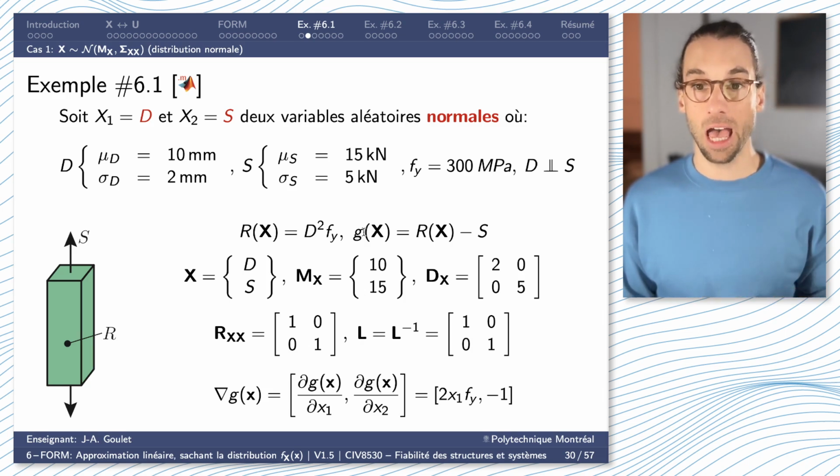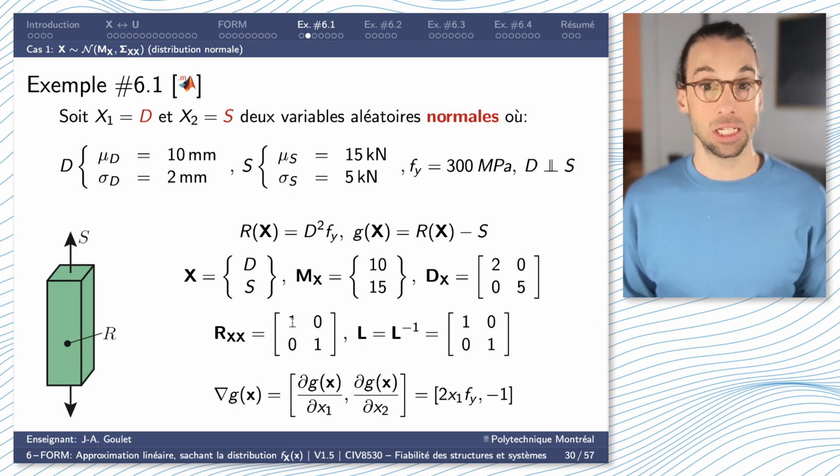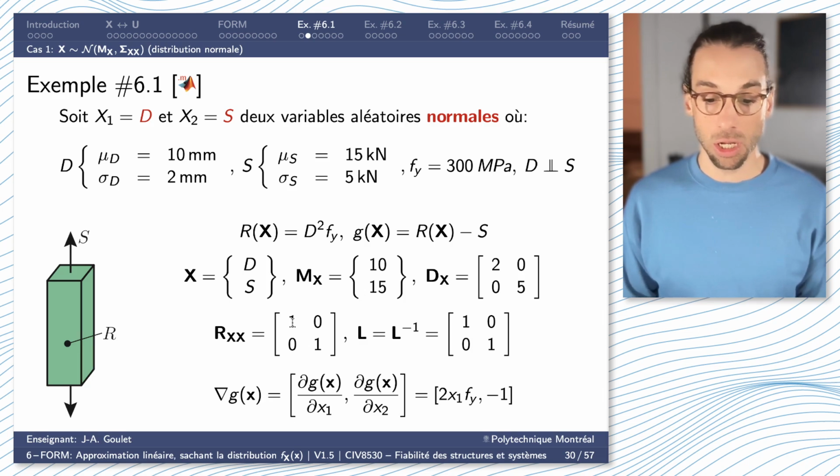So I can model g of x, my limit state function, as r of x, d squared f of y, minus my solicitation. The mean and standard deviation for d and for s are given, and d and s are independent. So I have my two variables, x1 is d, x2 is s. I have my mean vector, my standard deviation matrix. My correlation matrix is the identity matrix because I have no correlation. My Cholesky decomposition, same thing, identity matrix.